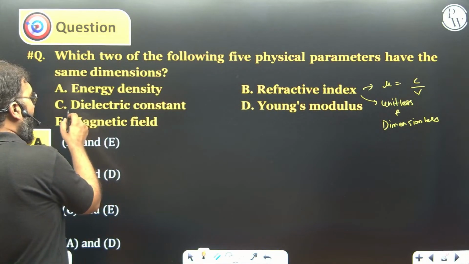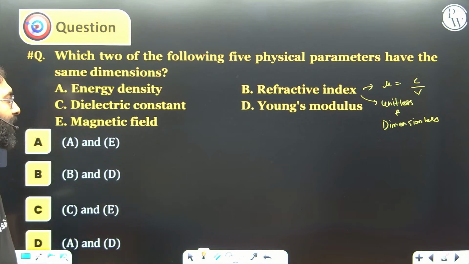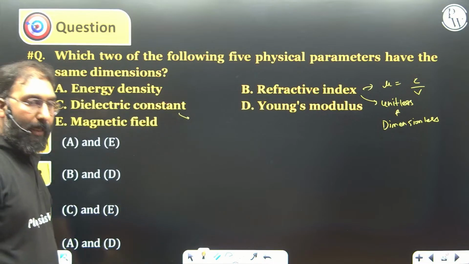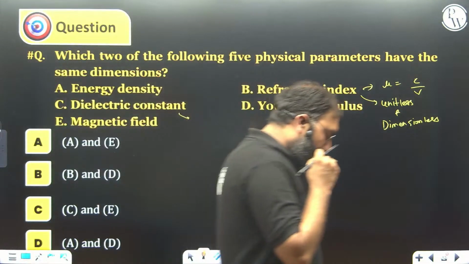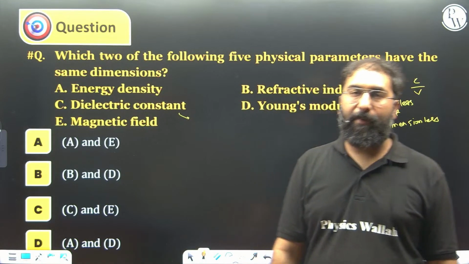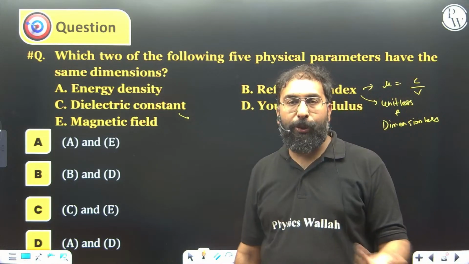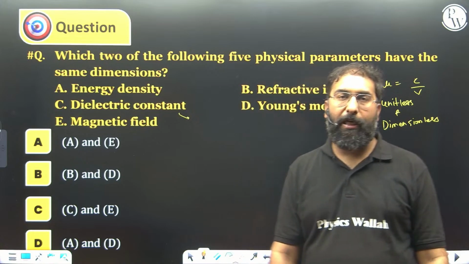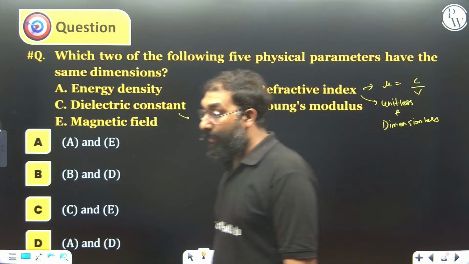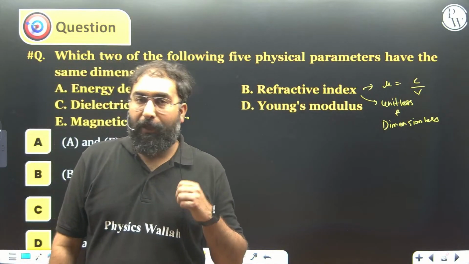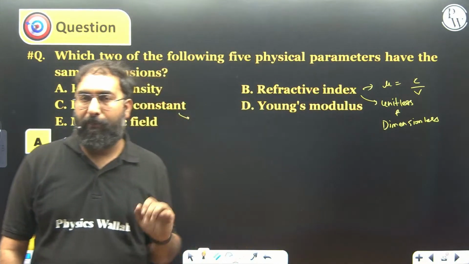So I'm checking for dielectric constant. Again, same thing. What is dielectric constant? It is the factor by which force is reduced in a given medium when we are talking about electric field, or it is the factor by which the electric field intensity will reduce in a given medium.